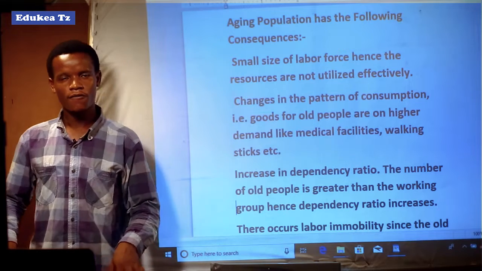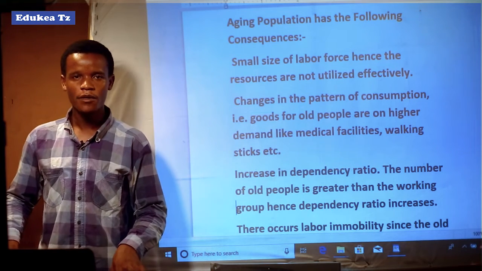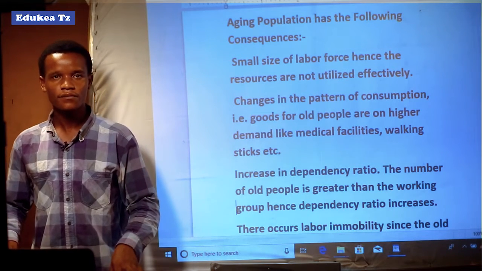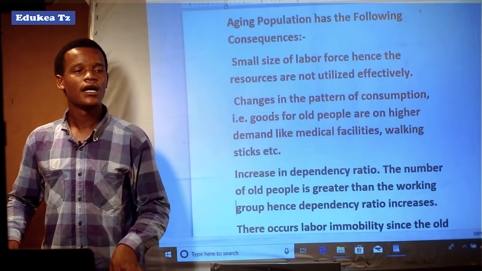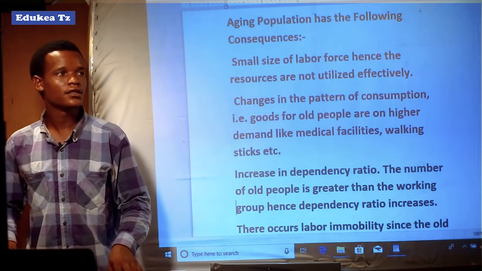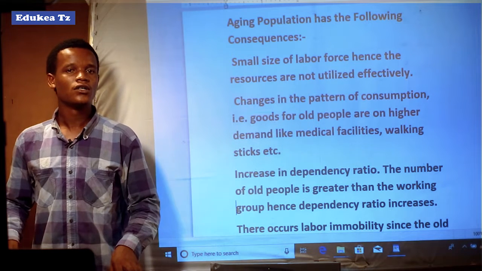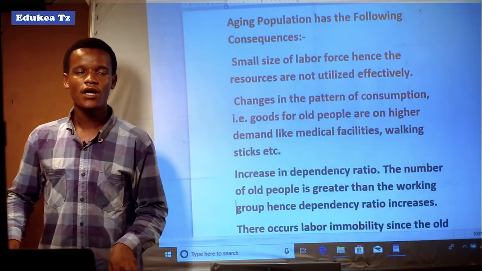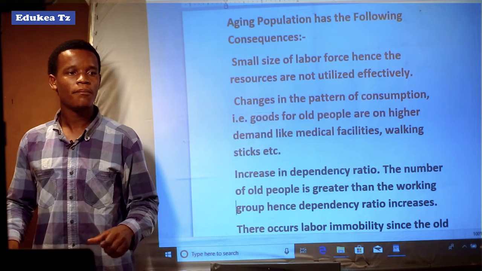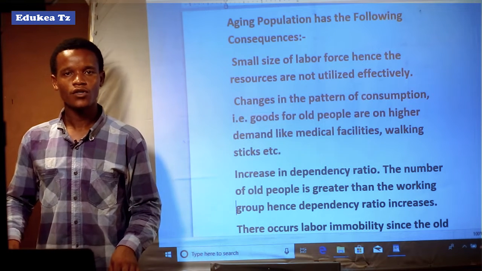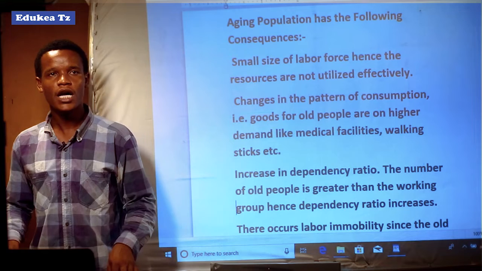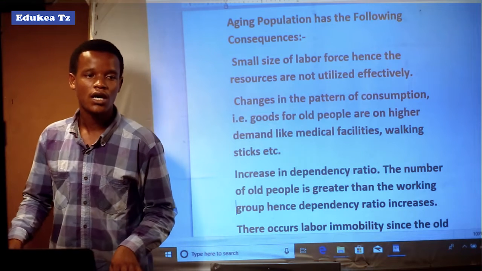If a certain country or area has a large number of aging population, their development tends to be low because those people aged 64 and above do not have the power to do work that leads to production and hence development.